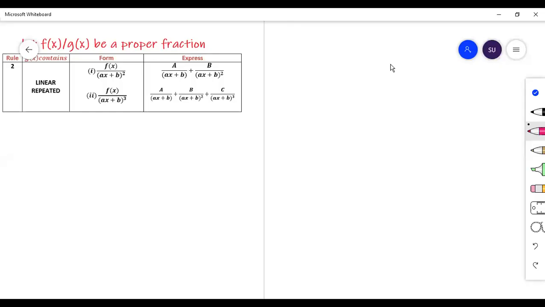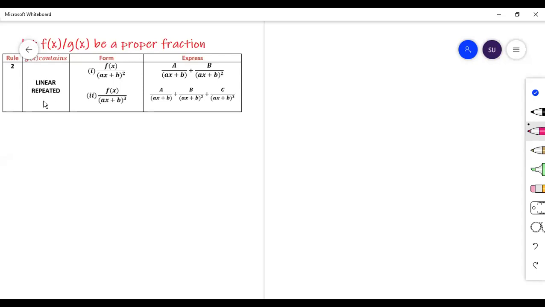Hello friends, in this video I will explain the problems based on g of x contains repeated and mixed. In the first video we have discussed the proper fractions when g of x contains linearly non-repeated.